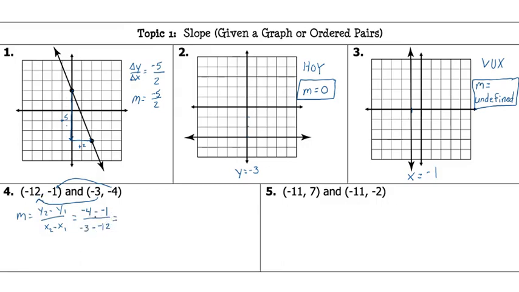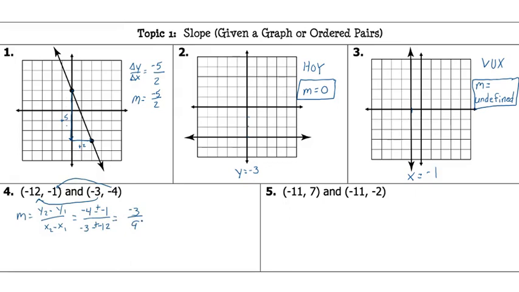Now, -4 minus -1. Remember, this minus a negative means that I just add. So this is like saying -4 plus 1. So that would be -3. -3 minus -12, that's like adding. So -3 plus 12 is 9.